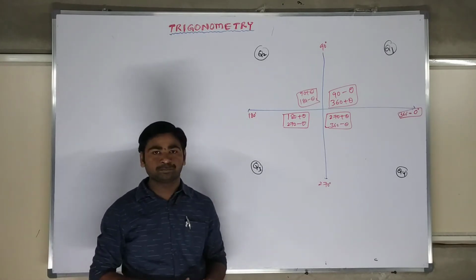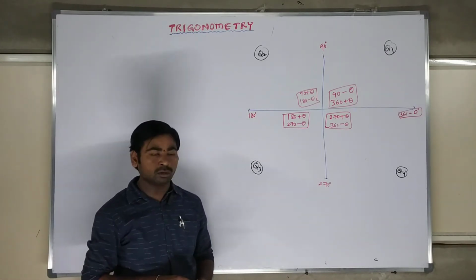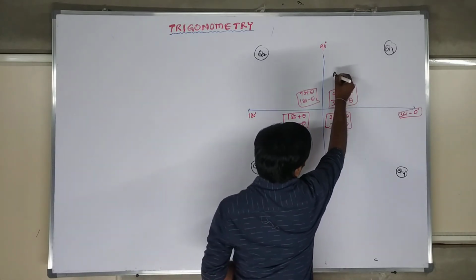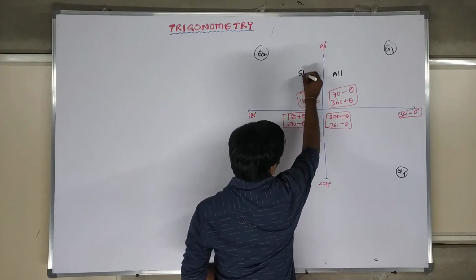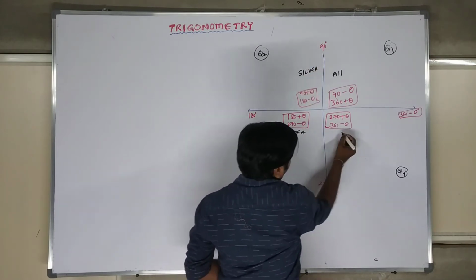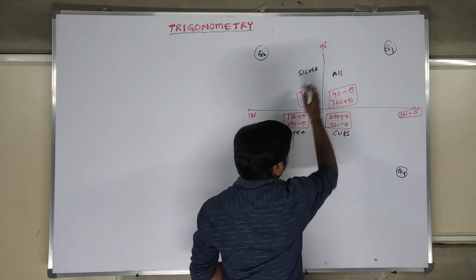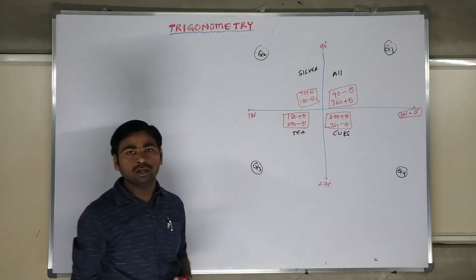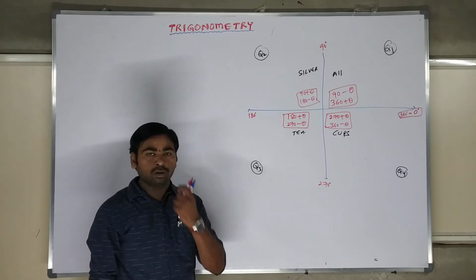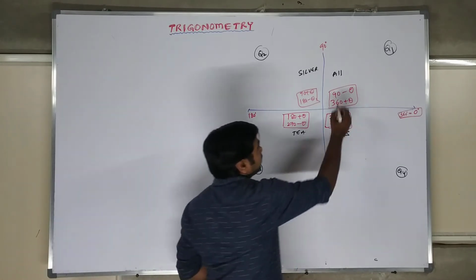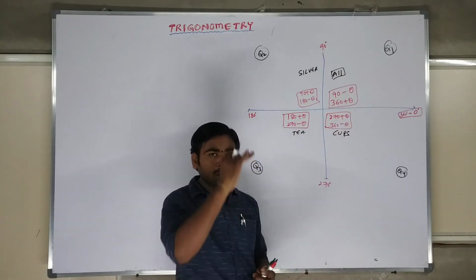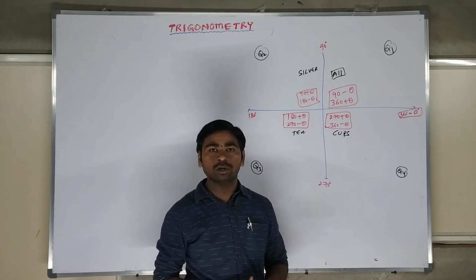The first work is over. After that we have the concept called All Silver Tea Cups. First is All, then Silver, then Tea Cups. I am writing it in English so that it is easy to remember. What is the meaning of All? In the first quadrant, all components are positive.